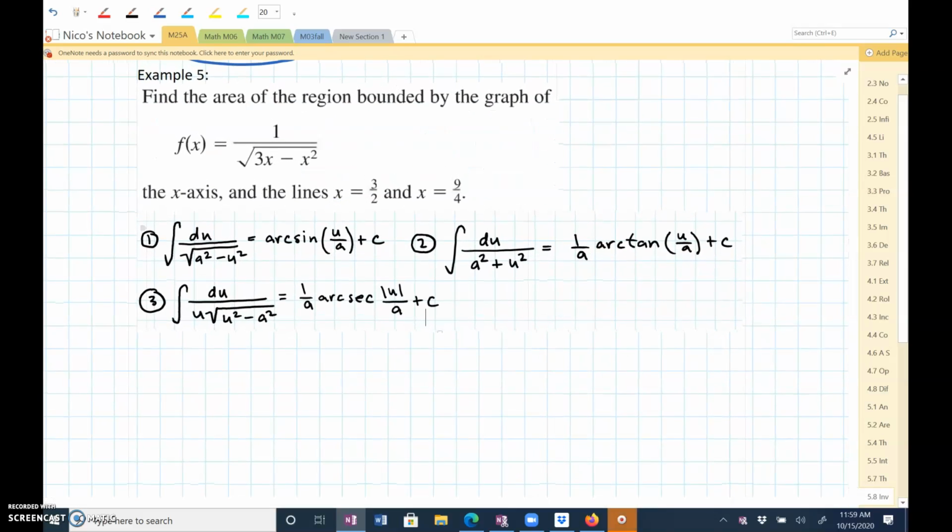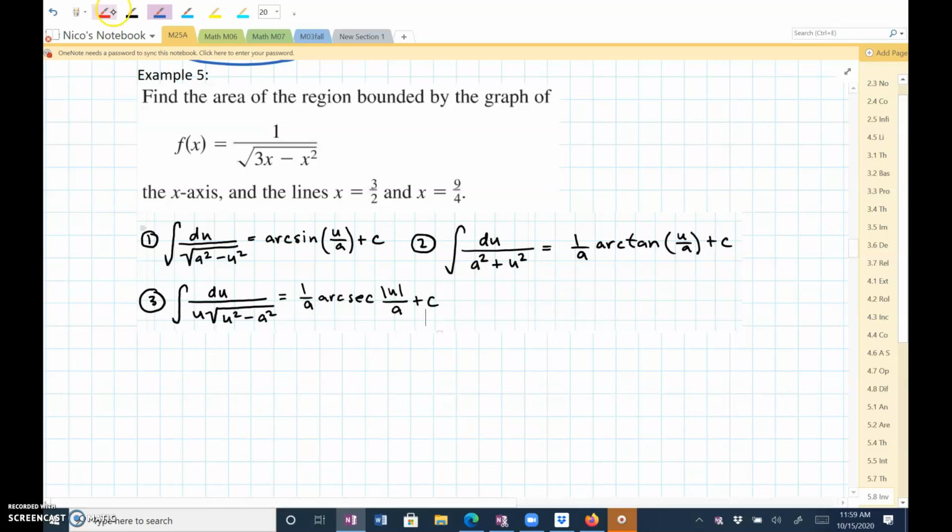All right, example 5. Find the area of the region bounded by the graph f of x equals 1 over the square root of 3x minus x squared, and the x-axis and the line x equals 3/2, and x equals 9/4.